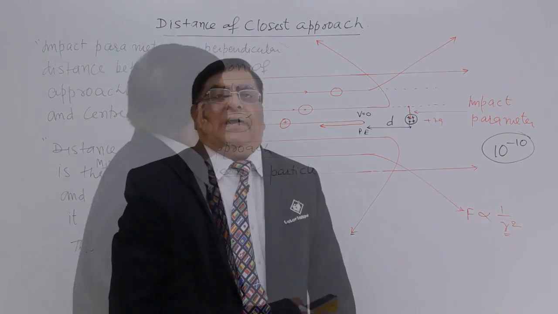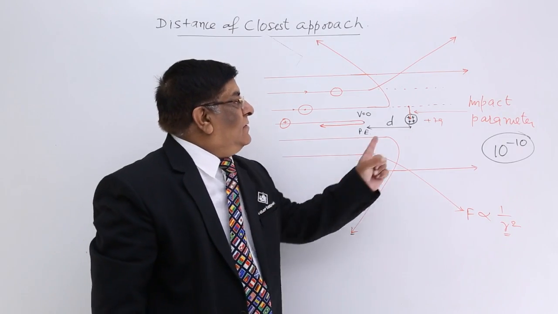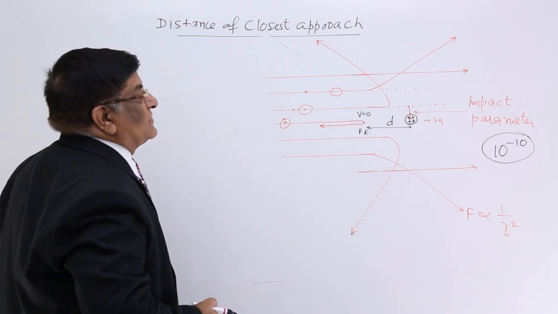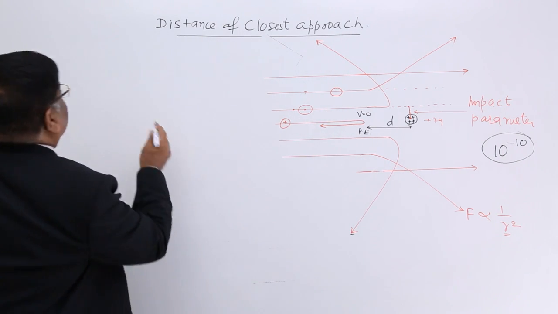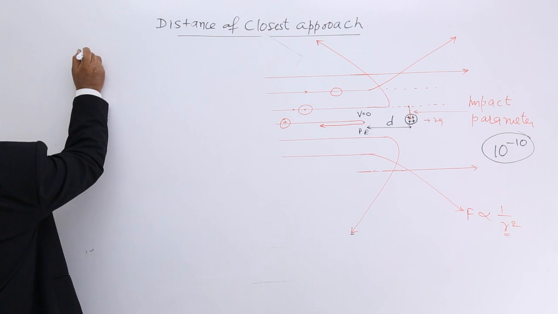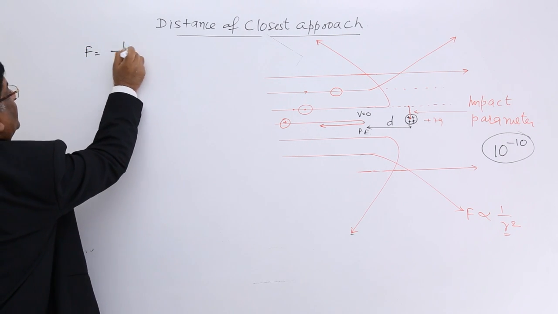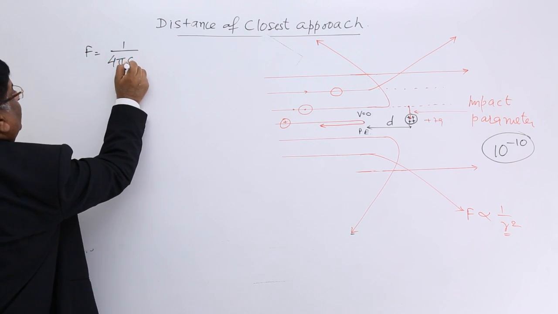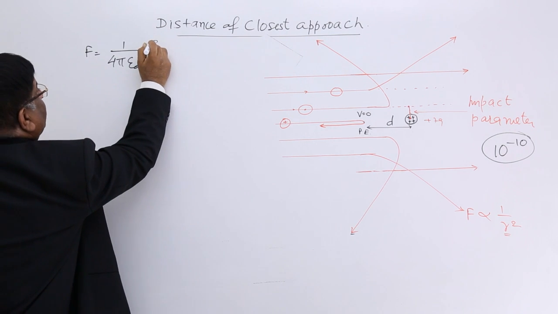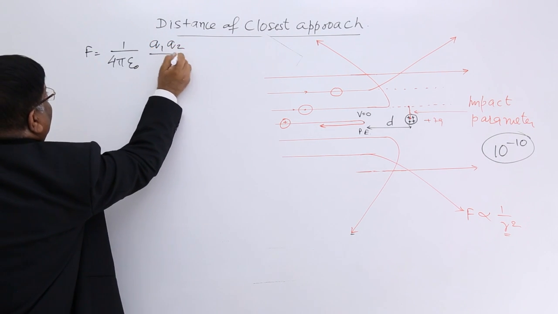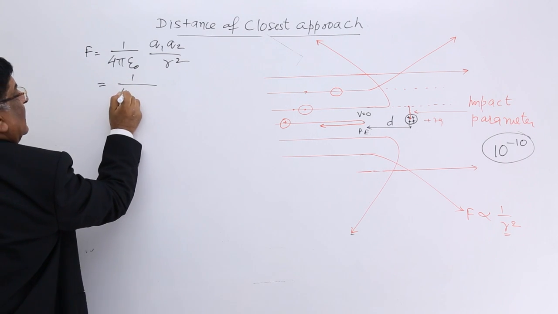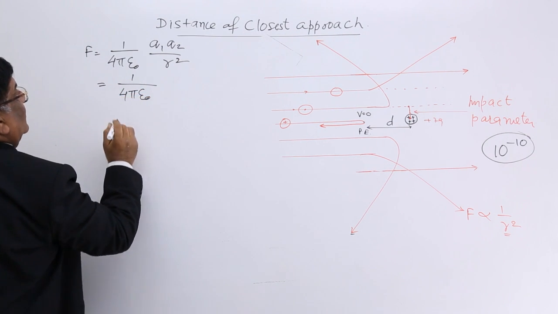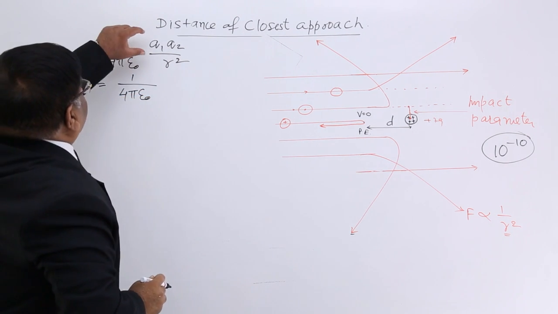Please see, at any location where there is a distance r between the alpha particle and the nucleus, the force will be Coulomb's force, and that is 1 upon 4 pi epsilon naught, q1 q2 upon r squared. In this particular case, because it is an alpha particle, this is 1 upon 4 pi epsilon naught.